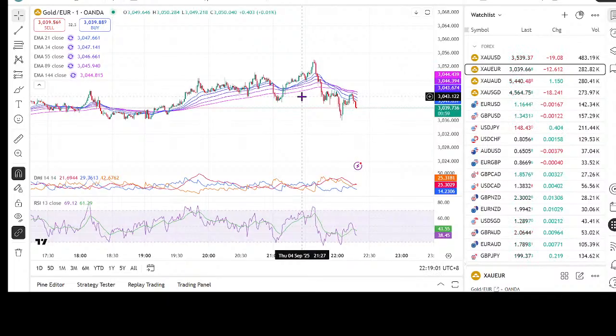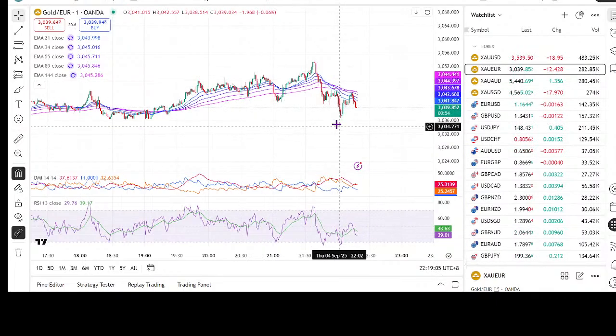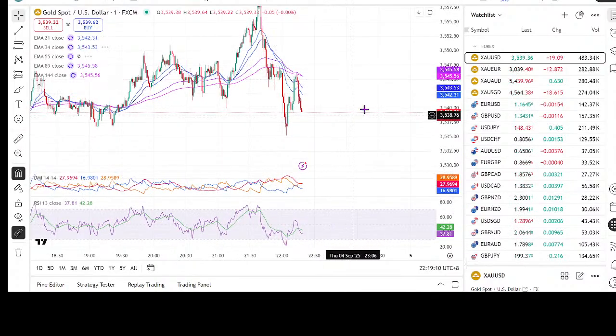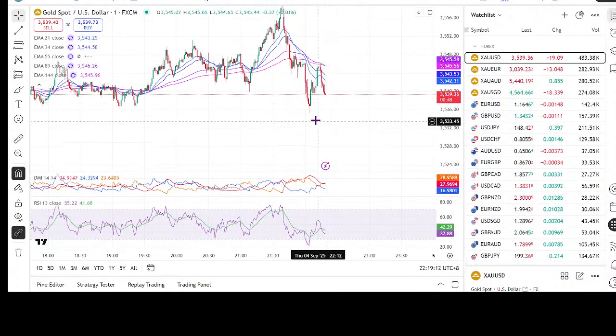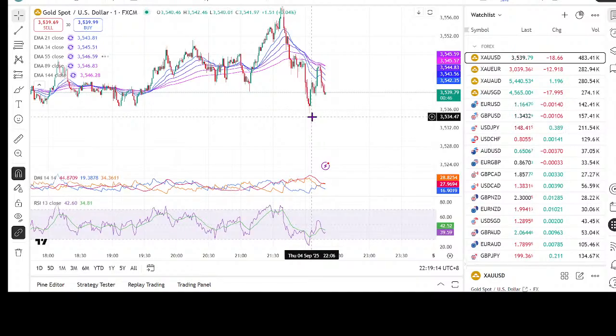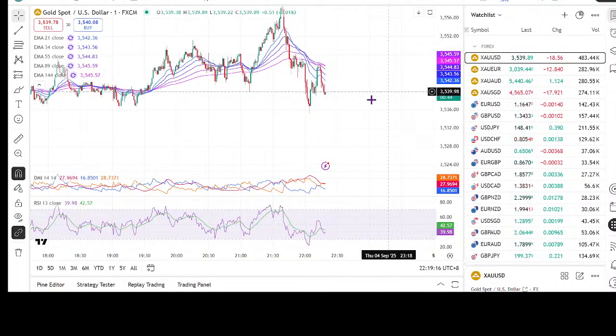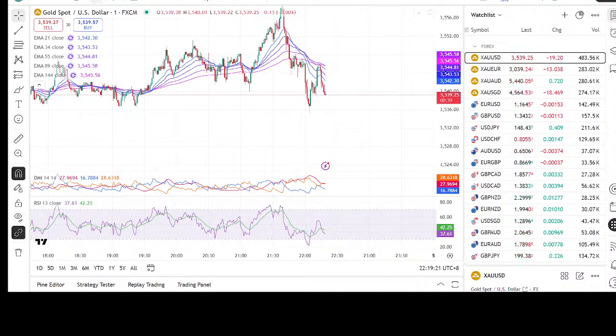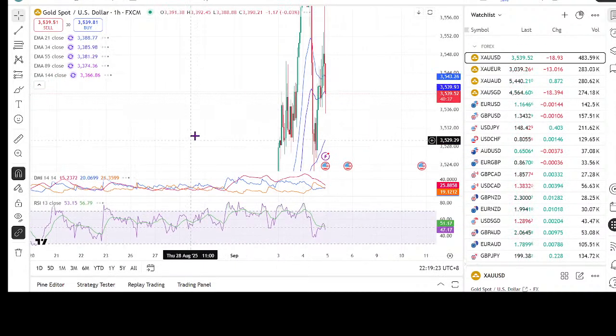So sometimes it can be a bit frustrating as well. So now let's see what these two trades are going to give us. Okay, just now we saw that this is going to be the low. So now we got to see whether this is the low or not. Okay, now let's look at 1 hour.